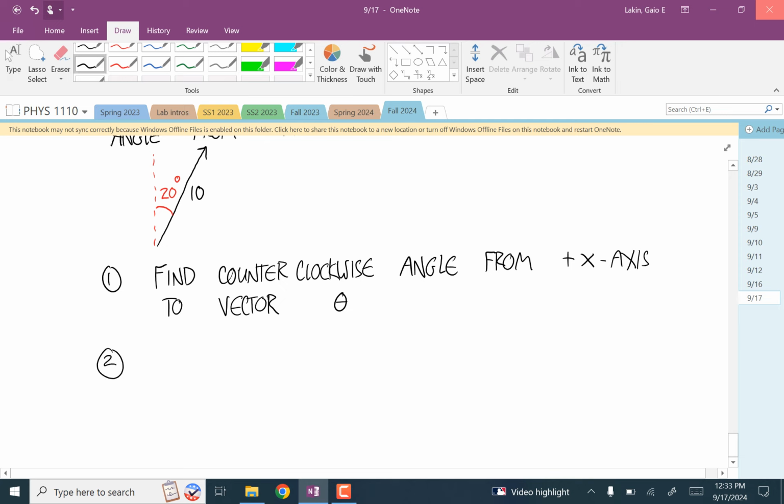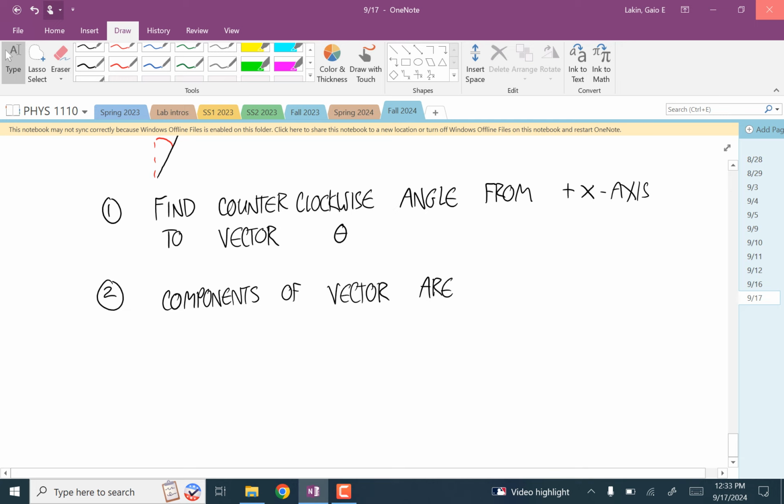And then the components of the vector are going to be L times the cosine of theta, L times the sine of theta.